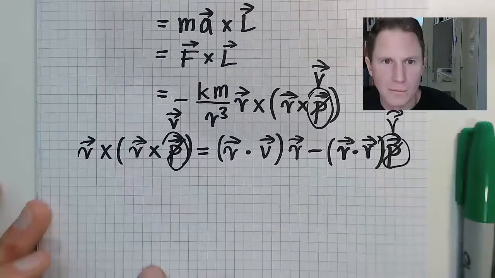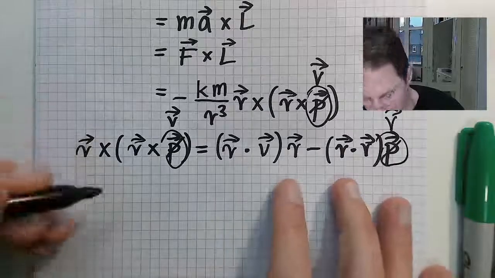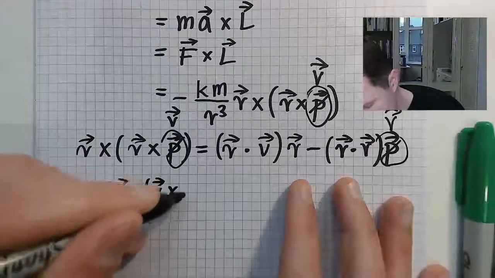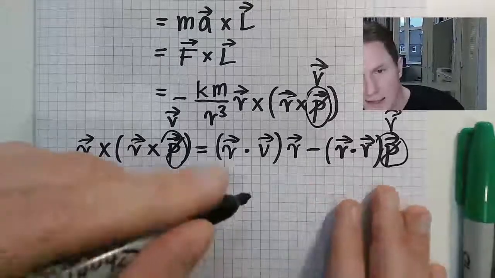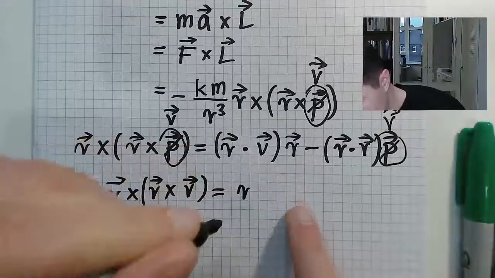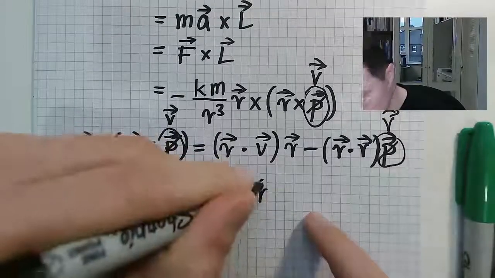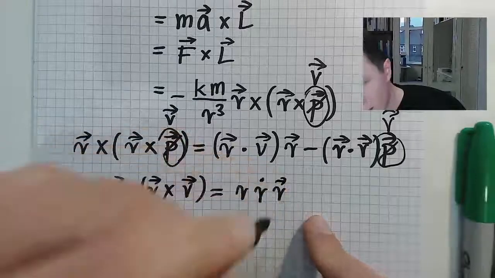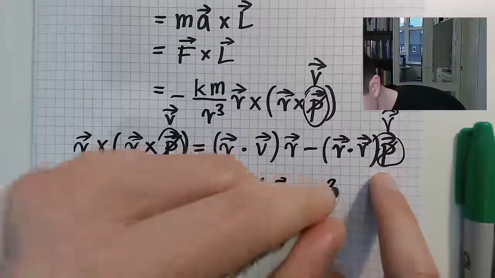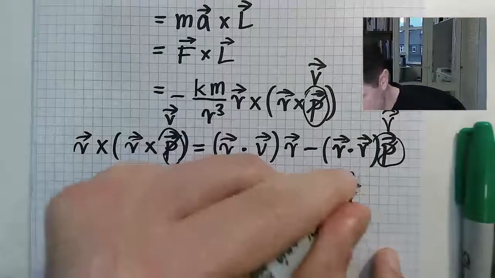Okay, so what do we have now? We have this triple product expressed as follows. Let me just rewrite this quickly. So r cross v is being expressed as the scalar product of r and r dot, basically multiplying the vector r, minus the scalar product of r with itself, that's its length squared, multiplied by r dot again.